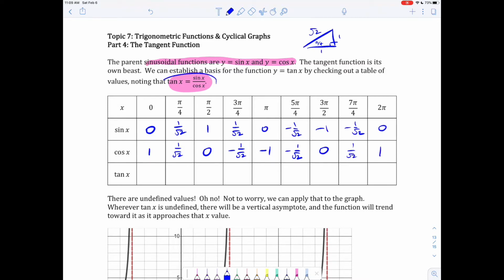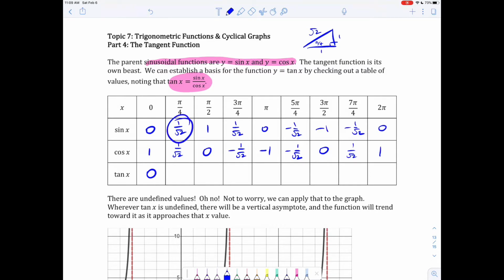So again, we're going to look at this business here, that tan of x is equal to sine x over cos x. And we'll use that to get our values of tan over here. So here, sine x over cos x is 0 over 1, which is 0. That's one way that we know that tan of 0 is 0.